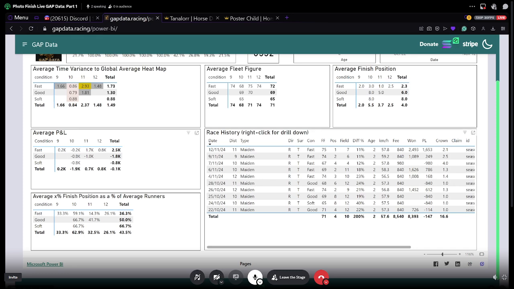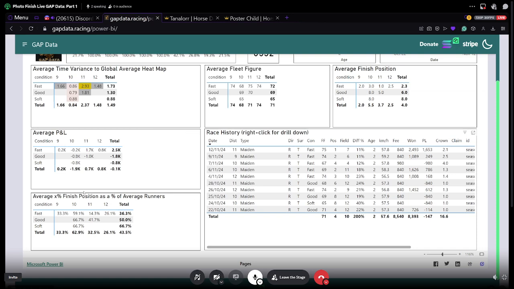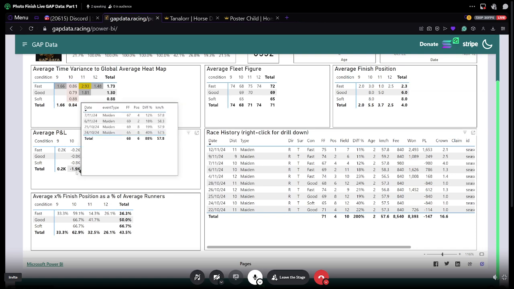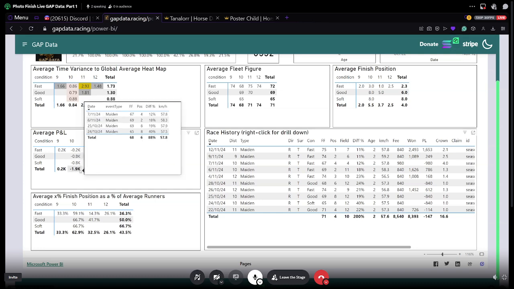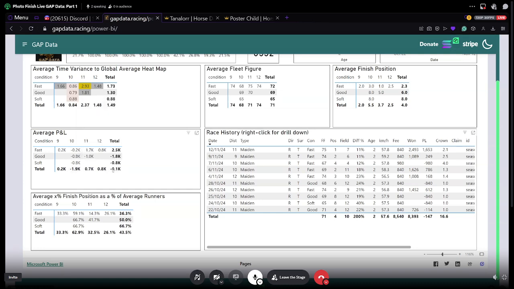So if I was racing this horse and the only race available was a 10, I just wouldn't race it, right? Because based on the stats, over time, I lose money. So why would you keep doing it, right? Don't keep doing it. That's pretty much how I use this chart: to see where I'm making money and where I'm making the most money, and then keep doing that, right? Don't stop.